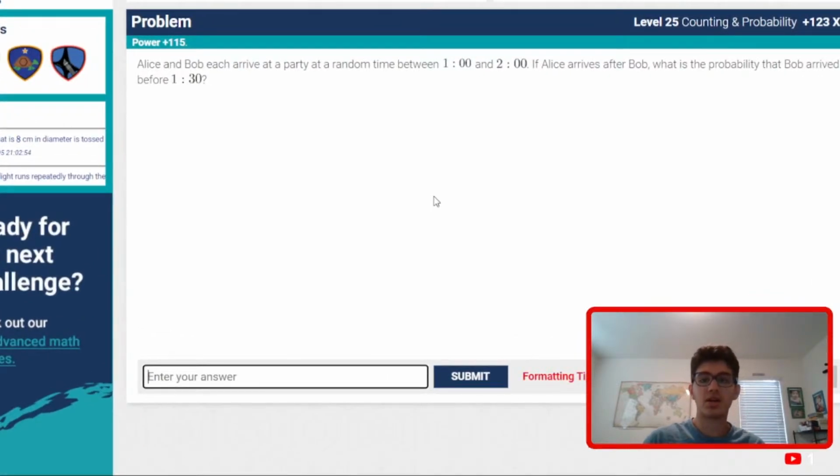So they each arrive at a party at a random time. If Alice arrives after Bob, what is the probability that Bob arrived before 1:30? So this is from 1 to 2, 1.5.